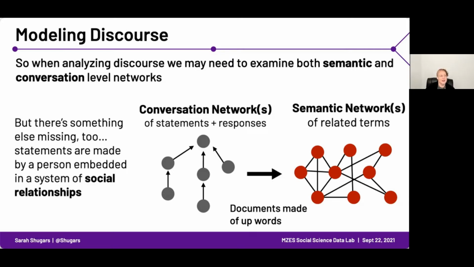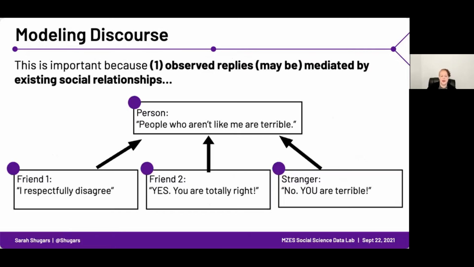Each of these statements is also not necessarily generated by independent authors. First of all, you might have a person who's generating lots of statements themselves, but there's also this underlying social network, which might have impacts on what kind of data we observe or how we interpret those data.